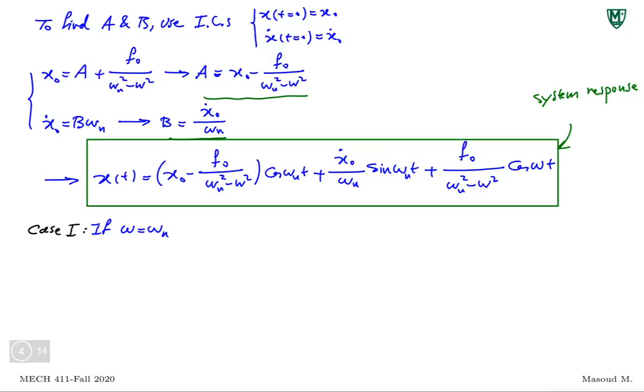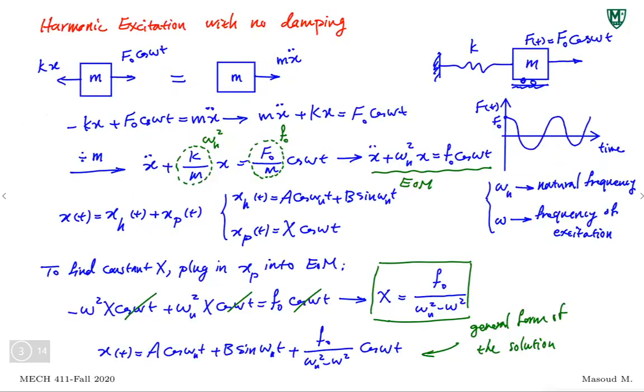Mathematically speaking, this happens because the particular solution that we chose, x cosine omega t, also becomes a solution for the homogeneous part. I don't know how much you remember from differential equations, but when we choose a particular solution, it should not be a solution for the homogeneous part of the equation.